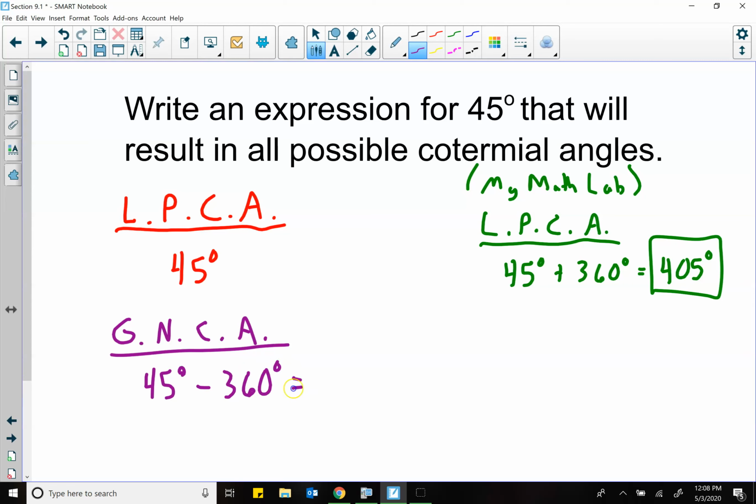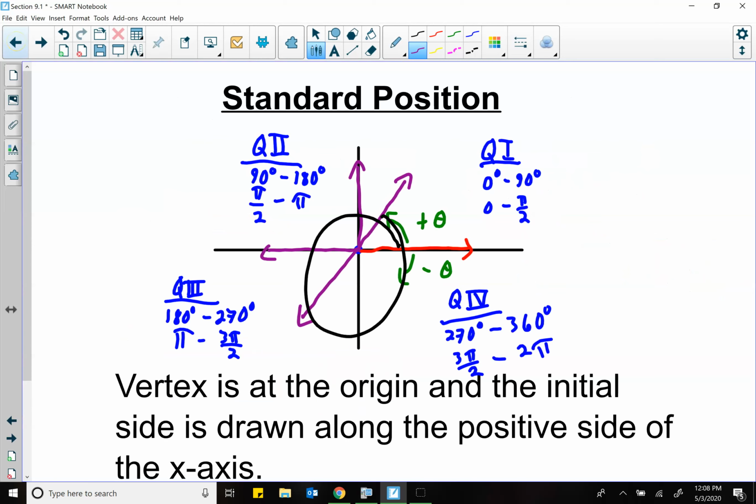Okay? So 45 minus 360 gives us negative 315 degrees. So if I go back to that picture that I had a second ago, let's see here, what color do I not have? Yeah, let's go with blue.